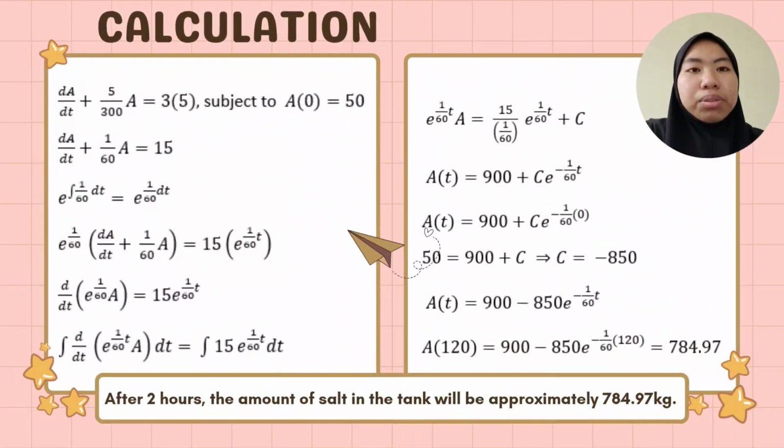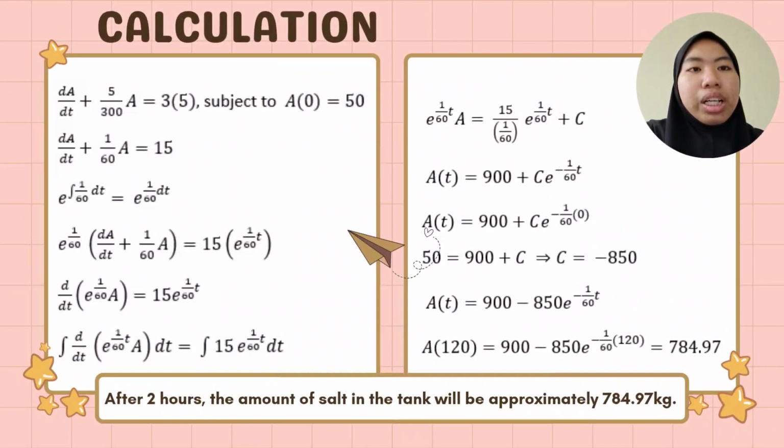To find the amount of salt after 2 hours, which is 120 minutes, we substitute t equal to 120 minutes. So, A(120) equal to 900 minus 850 e to the power of negative 120 over 60.